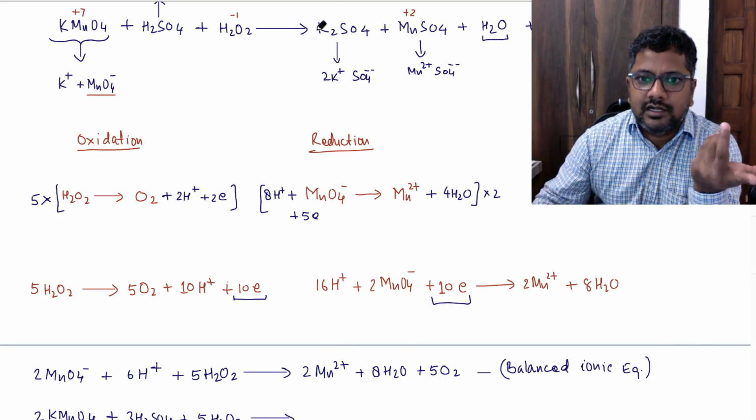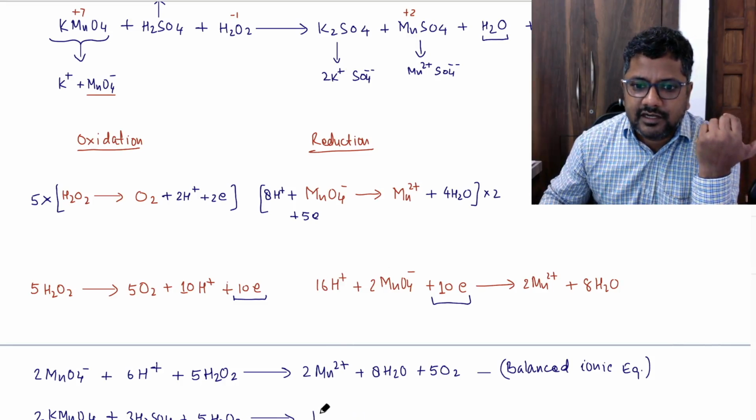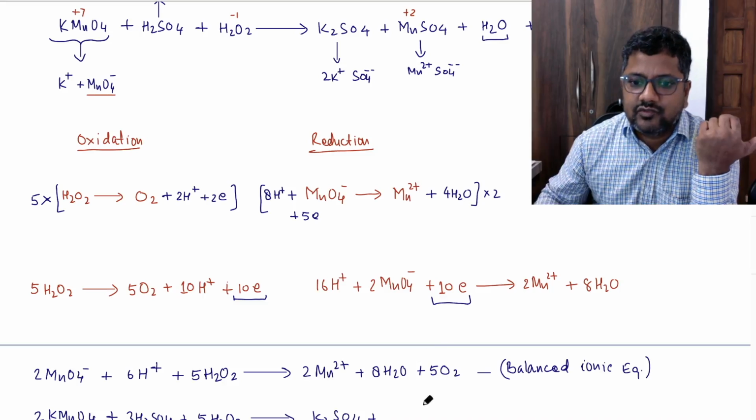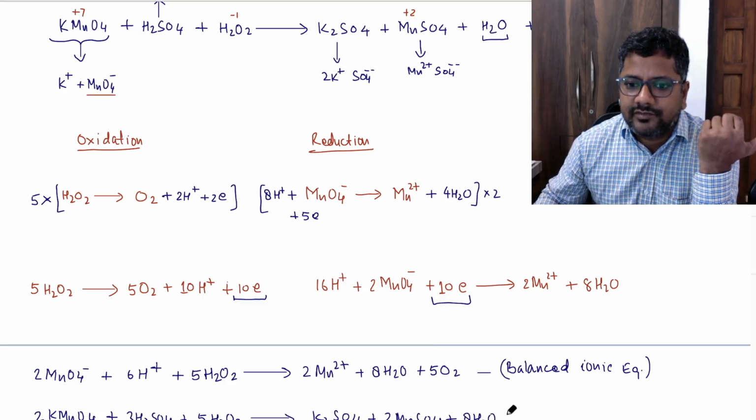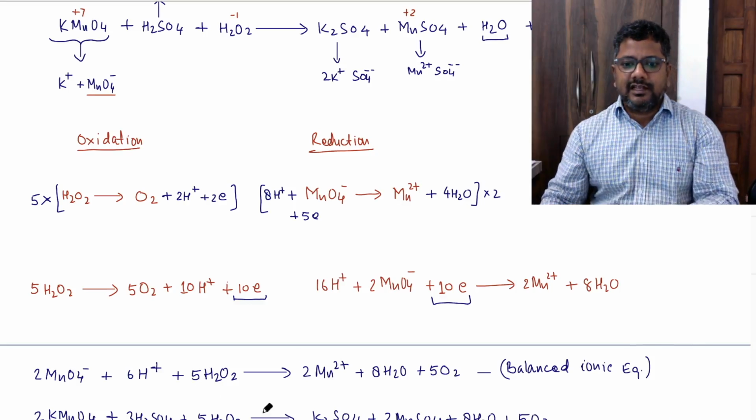There is no term for this, so as it is you can write it, and this will be balanced, plus 2 MnSO4 plus 8 H2O plus 5 O2. Right, so this is the balanced equation.